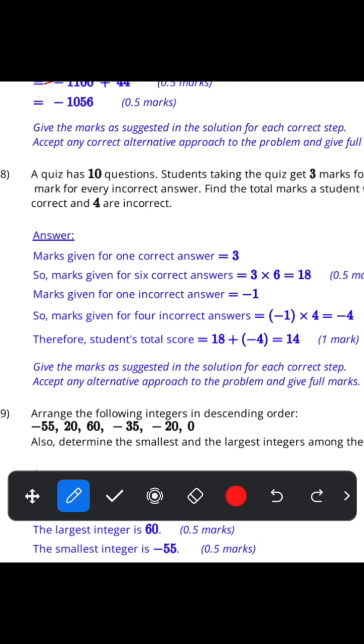After multiplication we get 11 ones are 11, 2 zeros are as it is, and sign as it is. 11 fours are 44. Here both have different signs, so we have to take their difference. We have to subtract it. After subtraction we get the value minus 1056. That's our answer. We solve it by using the distributive property.